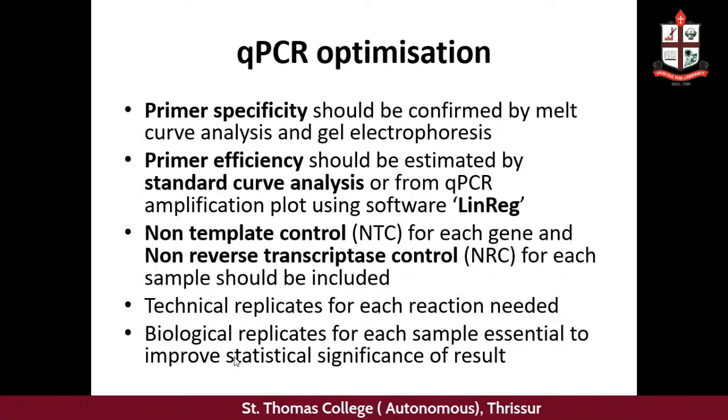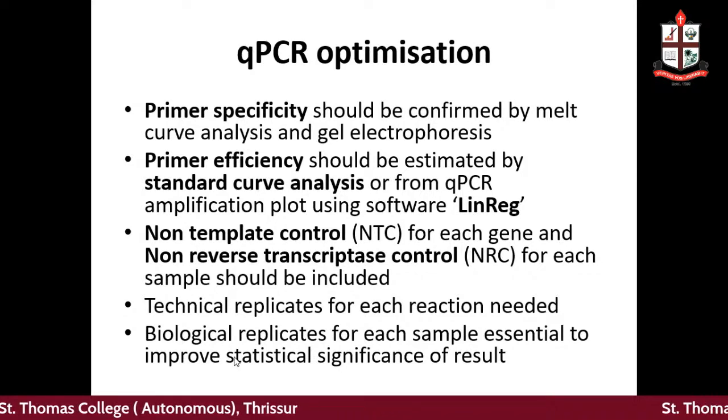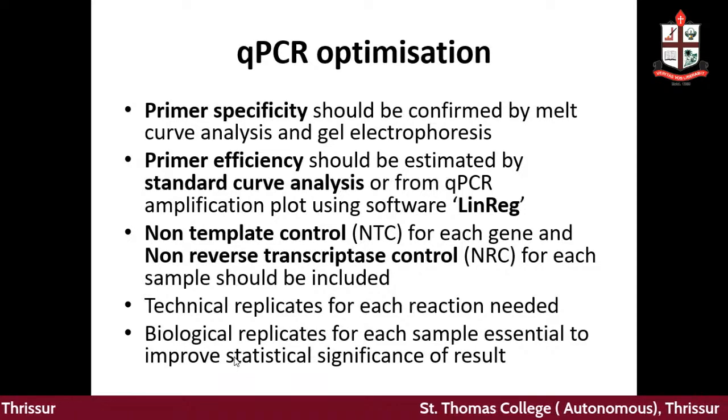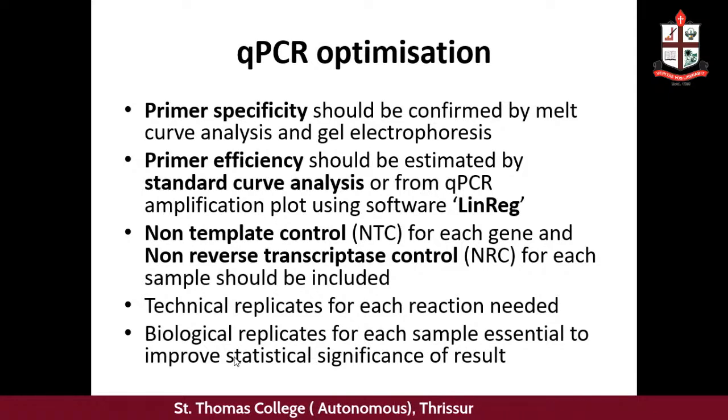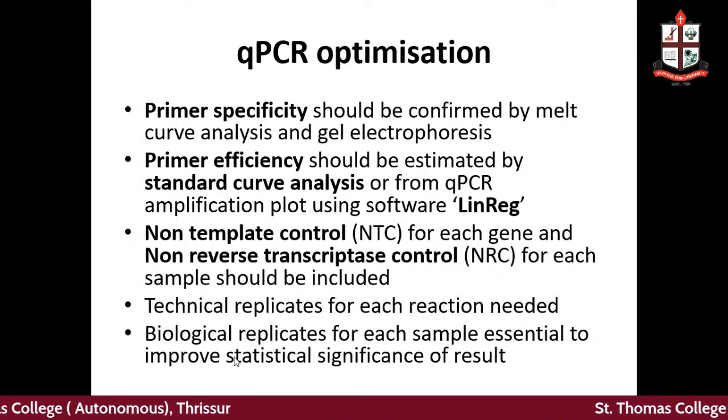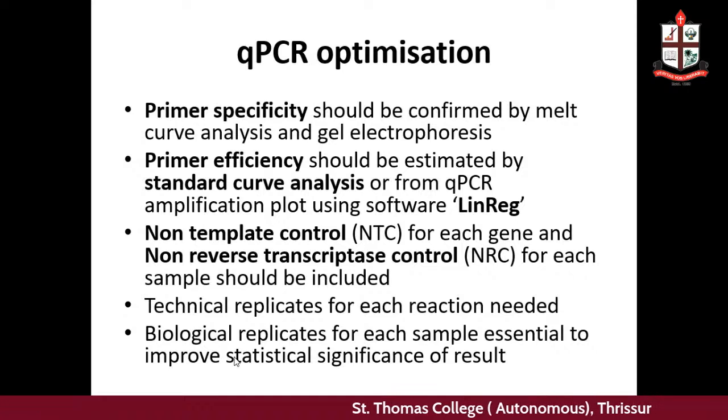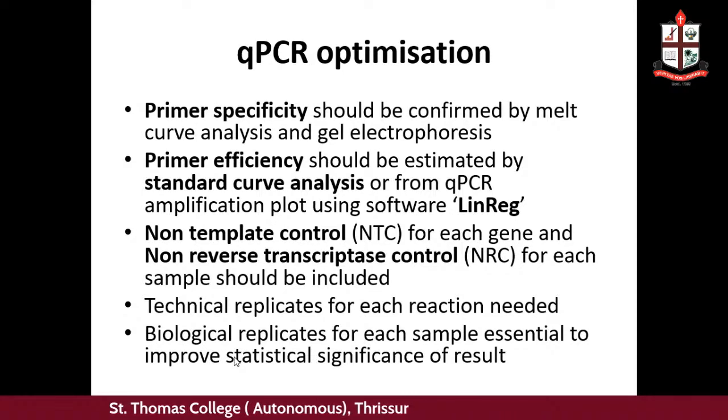But it need not be so, because if your primer is not very efficient, it is having only 98% efficiency instead of 100, then that amplification factor will not be 2, instead it will be 1.98. So that will affect your calculation. So the relative quantity that you are calculating will be affected if the primer efficiency is not 100%, as you infer when you use 2 raised to minus delta delta Cq.